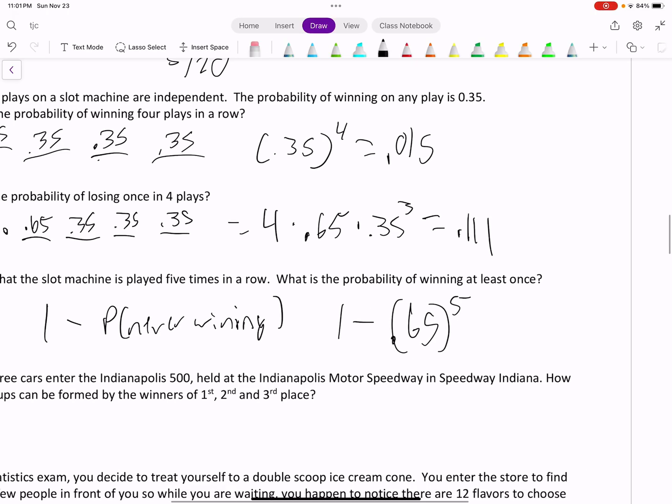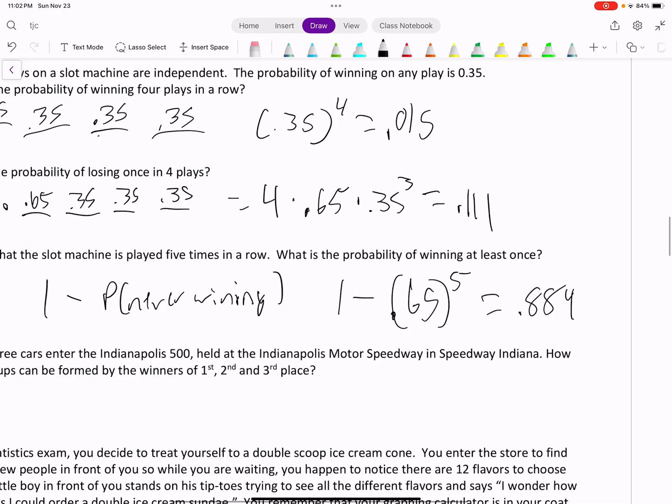When you do this, it'll be 0.884 approximately. Never winning occurs when you lose every single hand. So that's 0.65 to the 5th power. Okay. Next one.